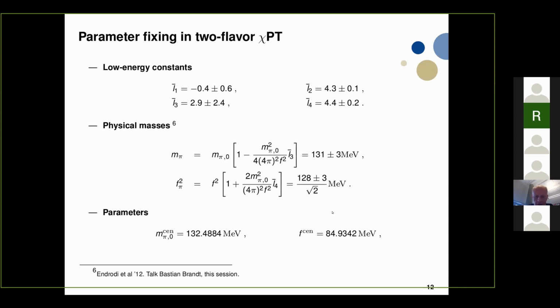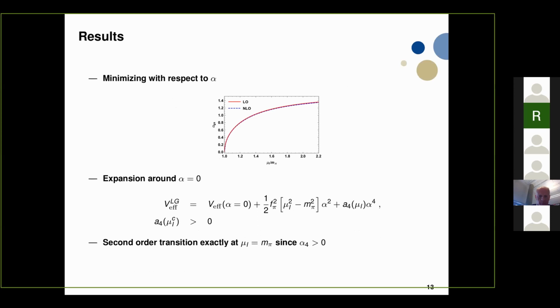So this gives you the idea of the renormalization or the radiative corrections that are involved in this type of calculation. But this matching is really essential, and I'll return to that issue shortly. Okay, as I mentioned, you can minimize your effective potential with respect to alpha as a function of mu_I.